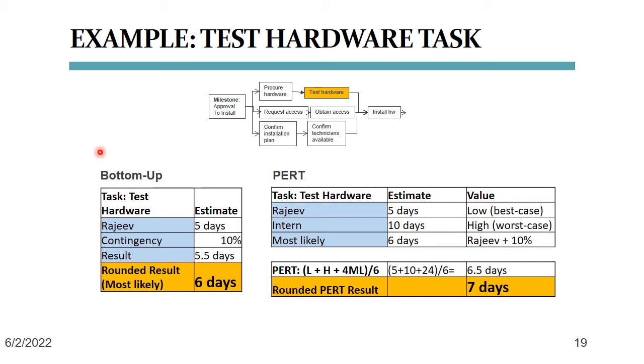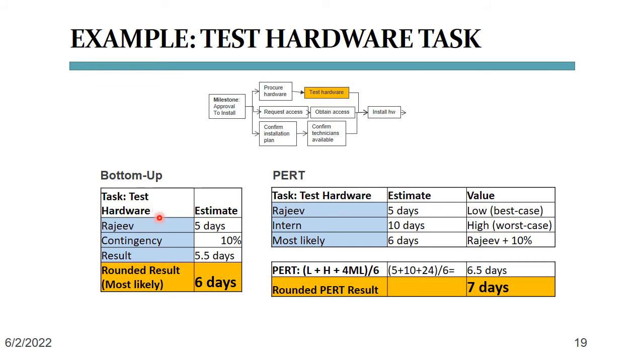Rajiv, who has been writing automated test scripts for the past 3 years, would tell us that he has basic scripts already, but they're for Windows 10. And he just needs to modify them to run on the new Windows servers and on the new Red Hat machines that we have ordered.